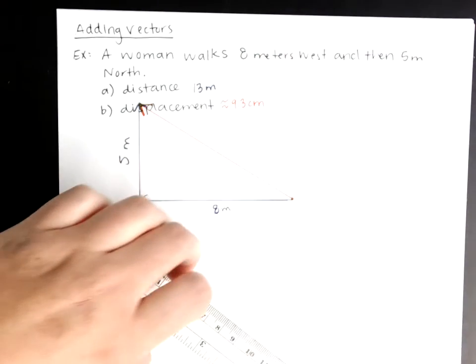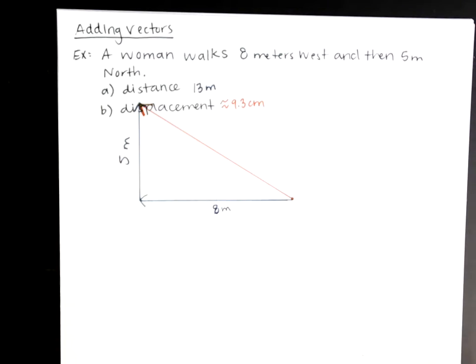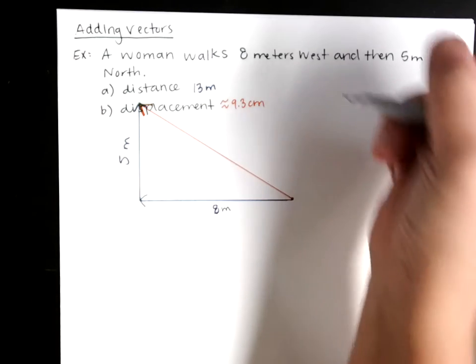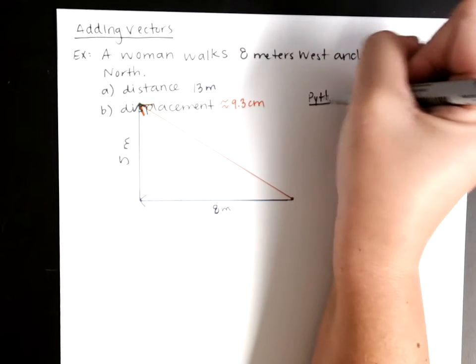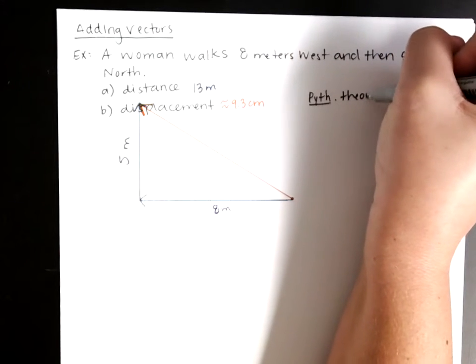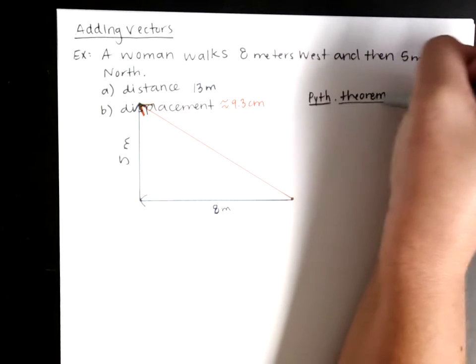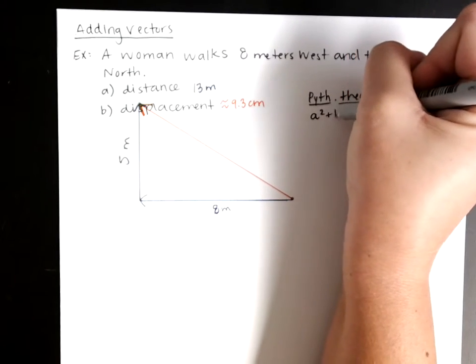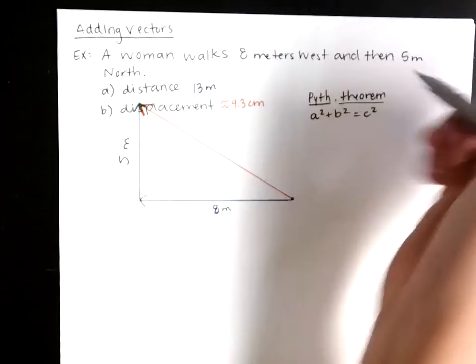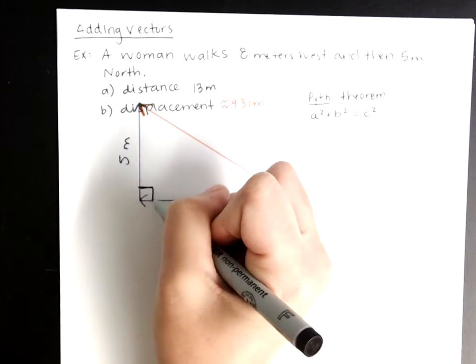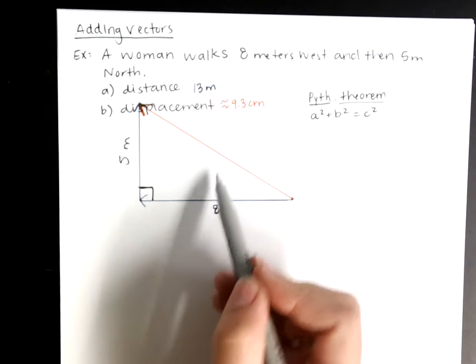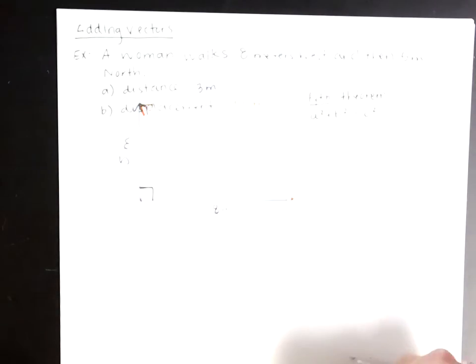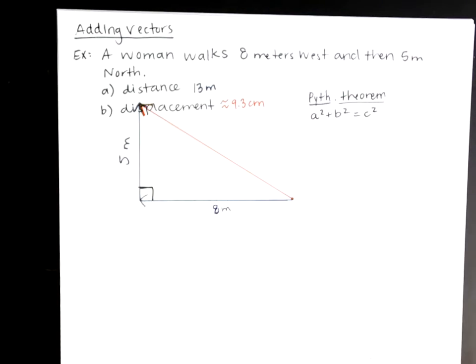But I want to be able to be precise when we start doing these problems, and I want you guys to be as well. So we want to use our mathematics that we know. We're going to use the Pythagorean theorem. If we don't remember it, it's a squared plus b squared equals c squared. Well, here's our 90-degree angle. So this is our A, this is our B, or vice versa, and this is our C value, the hypotenuse, our displacement. So let's go ahead and plug what we know in.